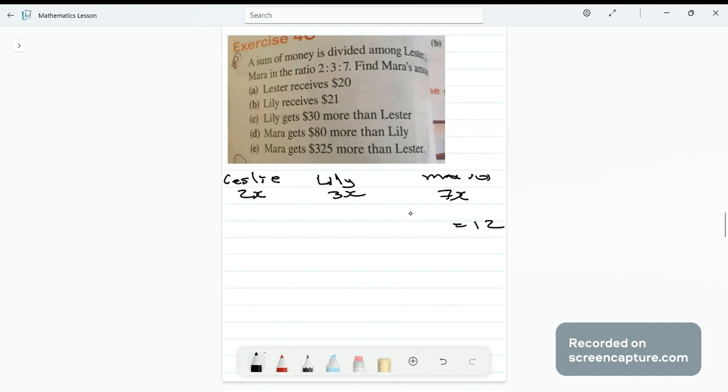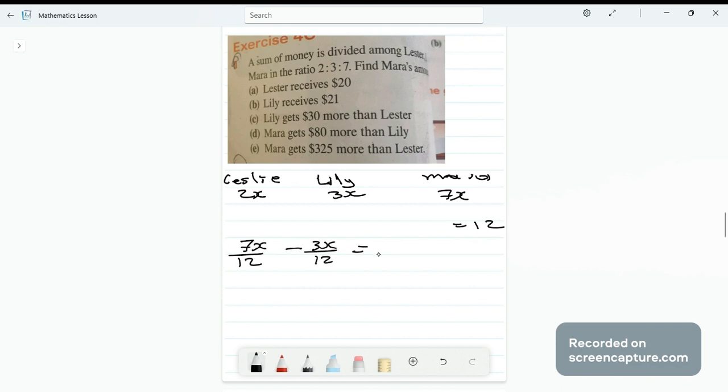All right, so what we are comparing now is Mara and Lily. Mara is the one that got a greater share compared to Lily. So Mara is 7 times x over 12, and we're going to subtract from that whatever share Lily got. And Lily is 3 times x over 12.